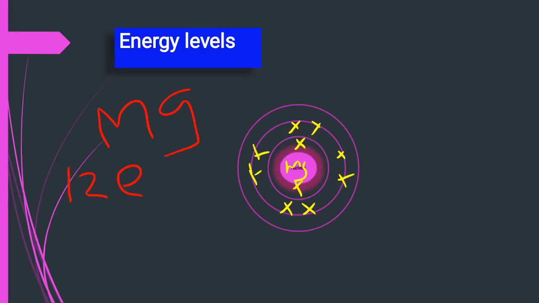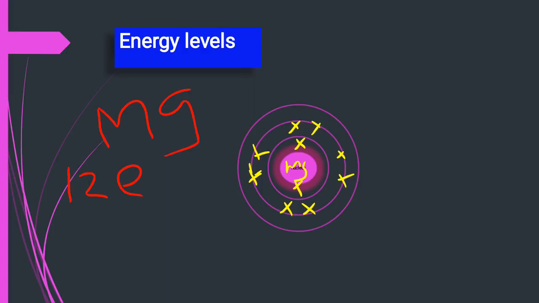So those are 10 electrons. If you number them, we have 1 electron, 2 electrons, 3 electrons, 4, 5, 6, 7, 8, 9, 10.